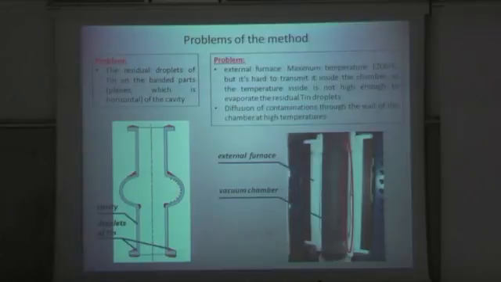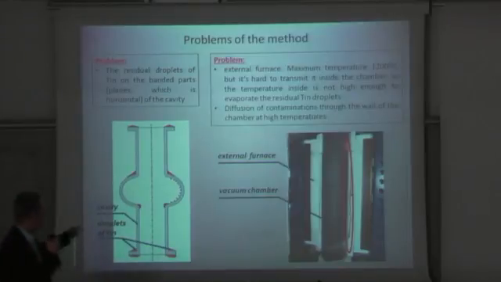So in fact, the temperature inside the crucible is much, much lower than the temperature of the heater. Also, the problem is the diffusion of contamination through the wall of the chamber at high temperatures. So that's why we decided to study the different kinds of surface treatment and how they influence the problem of residual drops.